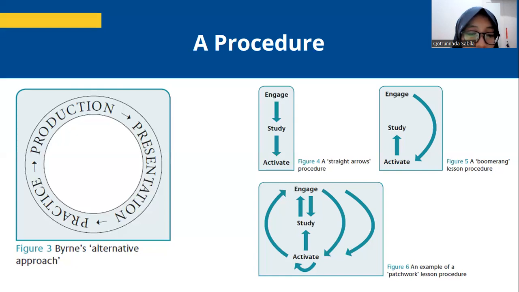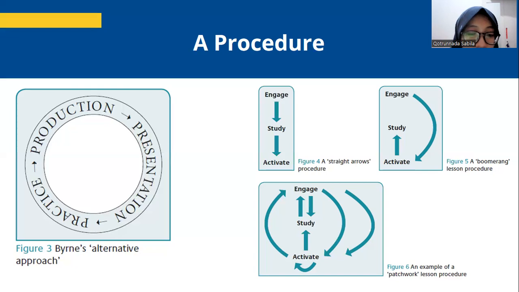In the first, straight arrows in figure 4, the sequence is ESA, much like PPP, and the teacher engages the students by presenting a picture or a situation or by drawing them in by some other means. A boomerang procedure, on the other hand, follows a more task-based or deep-end approach. Here the order is that the teacher gets students engaged before asking them to do something like a written text, a task, a communication game, or a role play.